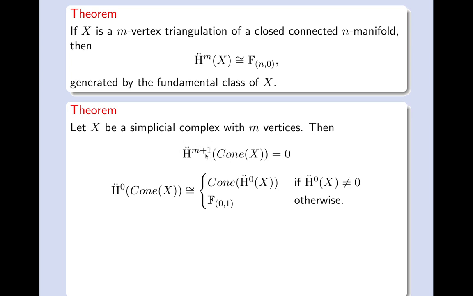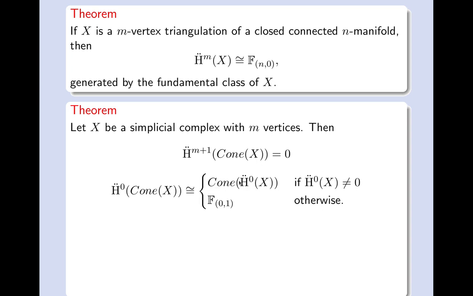The Überhomology in this top degree of the cone will always be trivial, while the Überhomology of the cone in its lowest degree, so 0, is going to be just the cone of the Überhomology in degree 0 of X, and I'll explain in just a second what I mean, or of rank 1 and generated by the cone point if the Überhomology was trivial to start with.